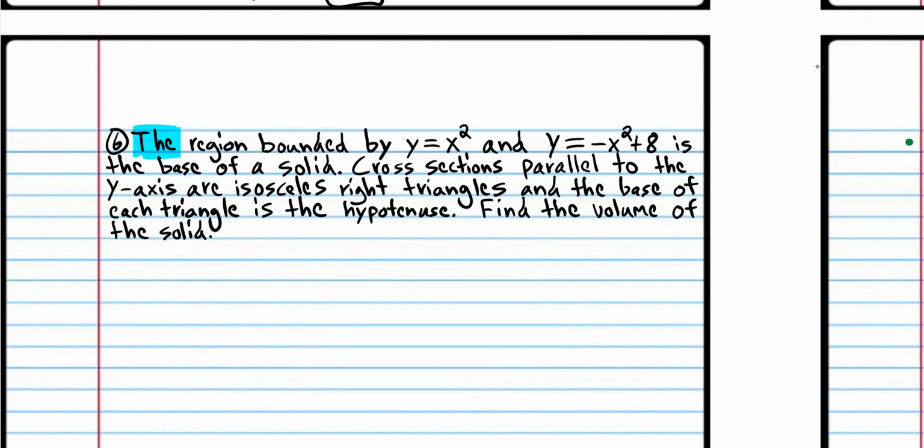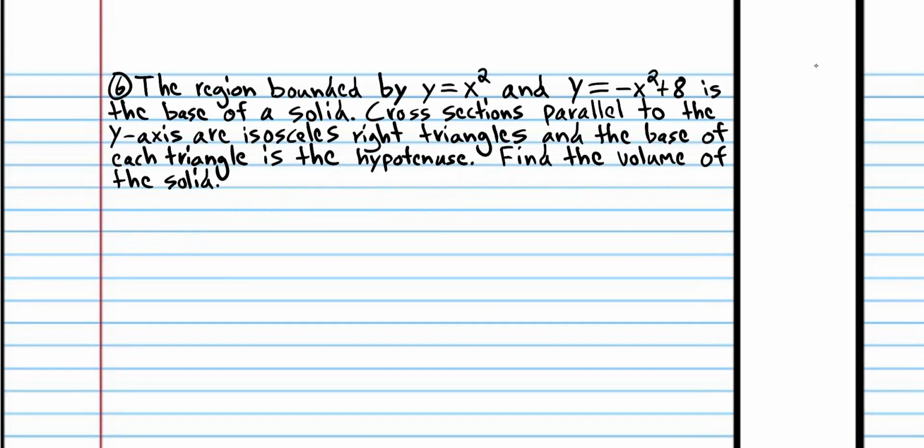It says the region bounded by y equals x squared and y equals -x squared plus 8 is the base of a solid. Cross sections parallel to the y-axis are isosceles right triangles, and the base of each triangle is the hypotenuse. Find the volume of the solid. Okay.